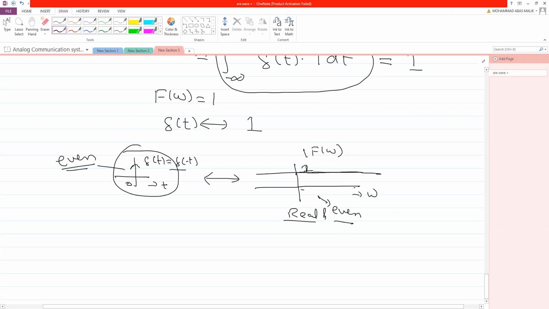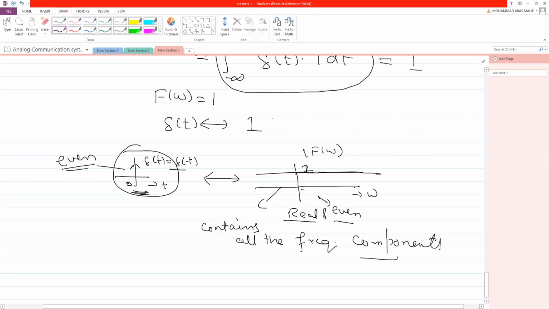So you can say that this contains all the frequency components. That you cannot conclude in the time domain. From the time domain, you cannot say which frequencies delta of t contains. You cannot get the information. But once you convert this to the frequency domain, you can say that it contains all the frequency components.